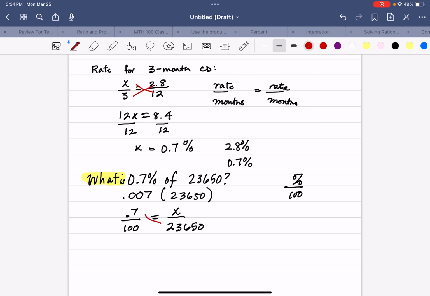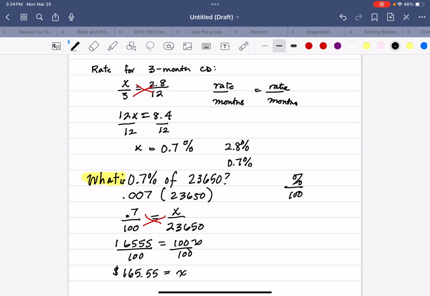So we're going to cross multiply. 0.7 times 23,650 is 16,555 is 100x. Divided by 100, we get $165.55.